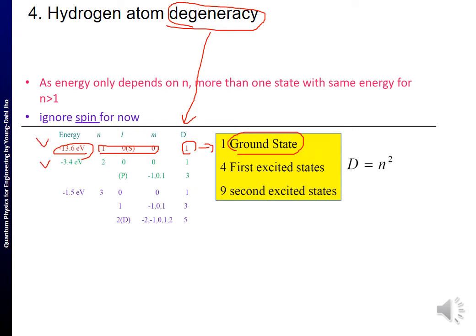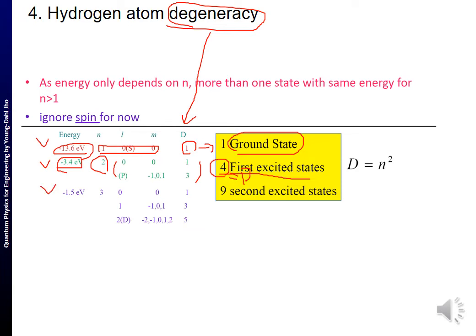Then when n is 2, the energy is fixed like this. There are 4 different states, the first excited state, so D is 4.